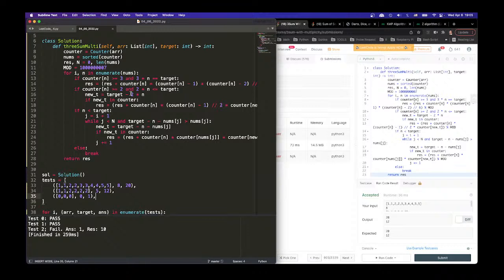Oh, the new target cannot be the same. If new in counter and target is not equal to n, because equal to n, we'll be doing this, right? Yeah, that's one line.